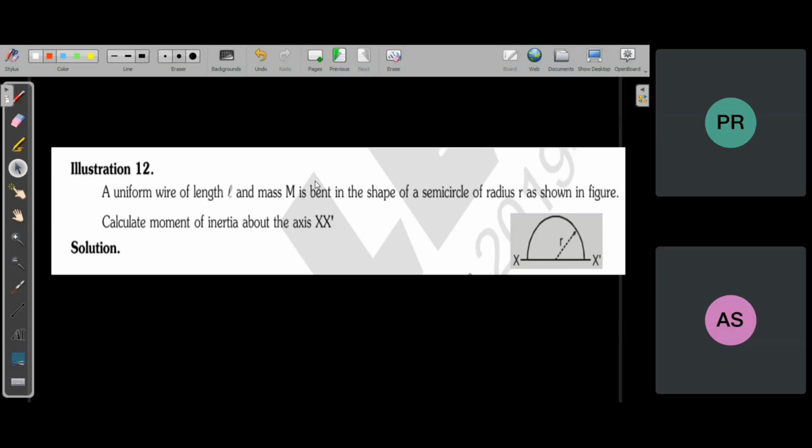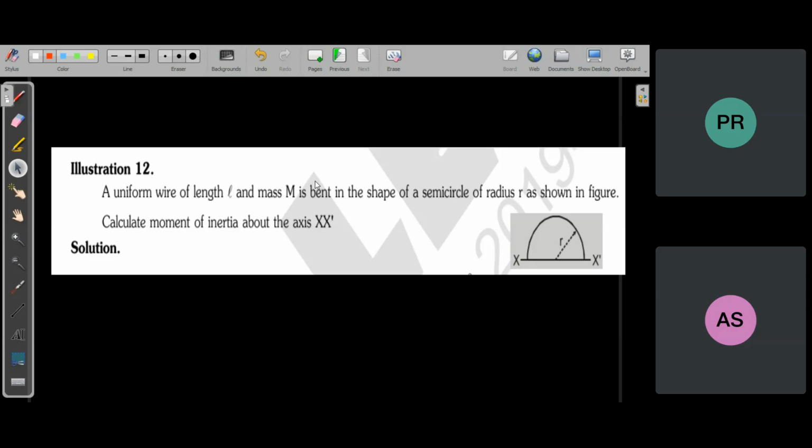So here I'm using the perpendicular axis theorem.